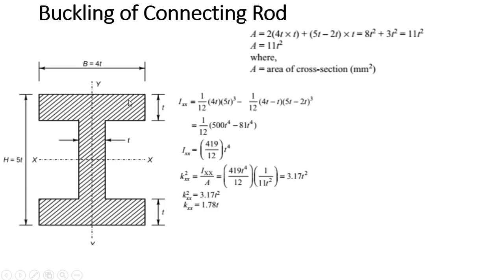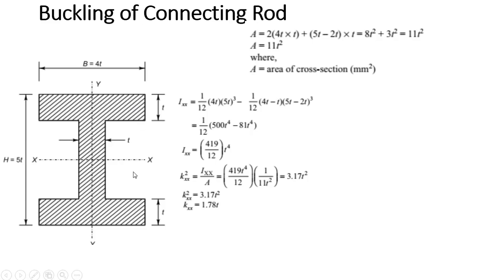Now, if I talk about IXX, the area moment of inertia about the x-axis, one way is to find the total outer area and subtract these two parts. You know that for a rectangular body, the moment of inertia is given as bd cube by 12.